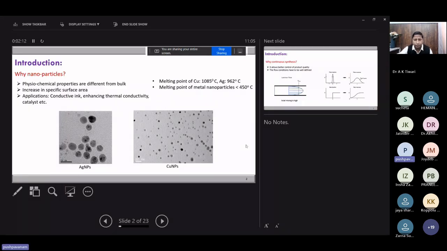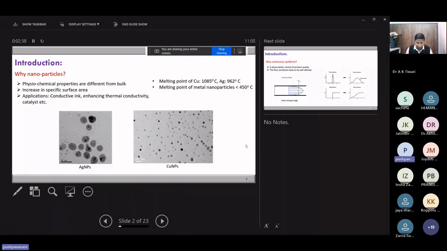So by way of motivation, most of us know that nanoparticles are a very well researched area. Okay, and we wanted to basically do something which is not only the synthesis but also separation. We will see the details of that.